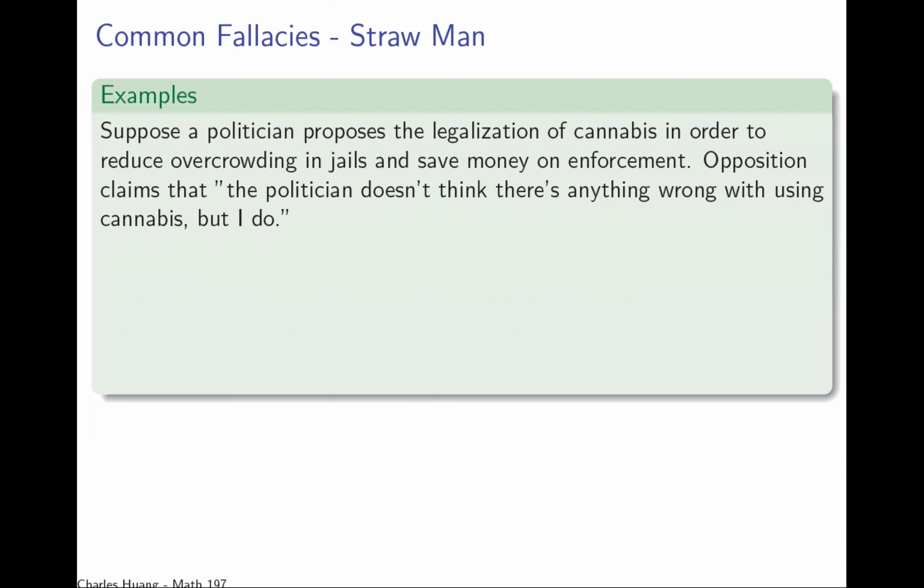And the goal for doing that is to reduce the amount of people that we put in jail, so reduce overcrowding in jail, and save money on enforcement. So we don't have to send out all the policemen or send out all the prosecutors to go catch all these people making illegal trades or using.